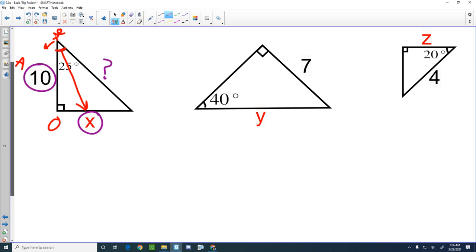So now think back to SOHCAHTOA. Which of those three trig functions, sine, cosine, or tangent, gives me the ratio of the adjacent leg and the opposite leg? SOHCAHTOA. TOA, tangent. So we know that the tangent of that angle, hey, what angle do I use here in parentheses?